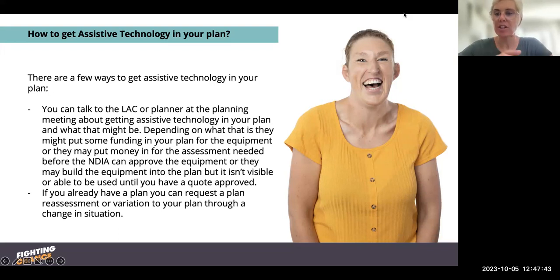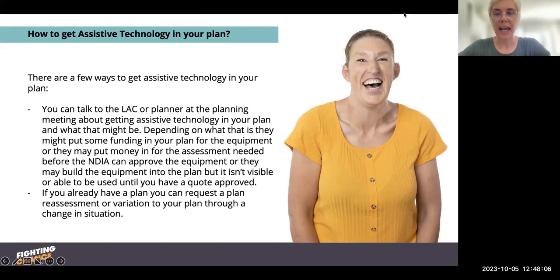So it can be a bit of a process, but if you have got an NDIS plan and you're just wanting a change in equipment, then I would say, if you can and you have the funding, before the reassessment meeting try and have the recommendation letters, the quotes and stuff ready, and that will make the process a lot quicker.